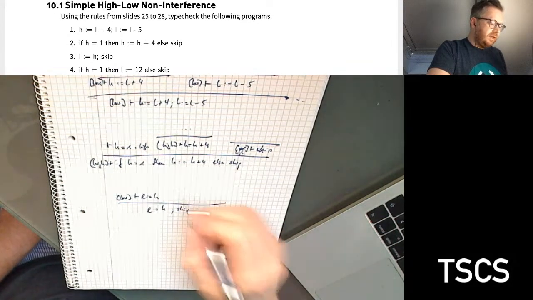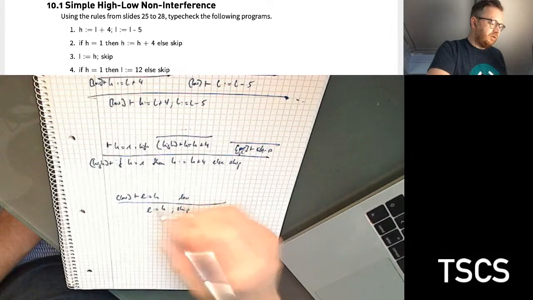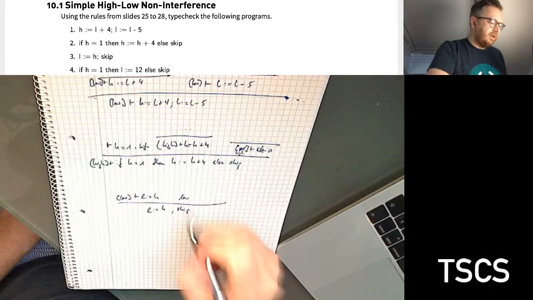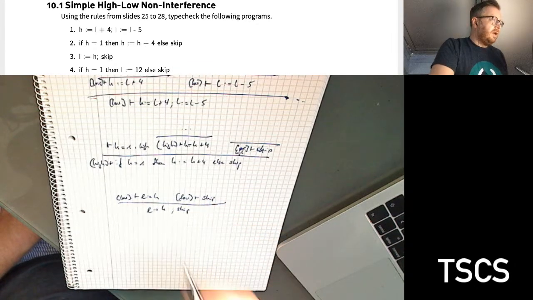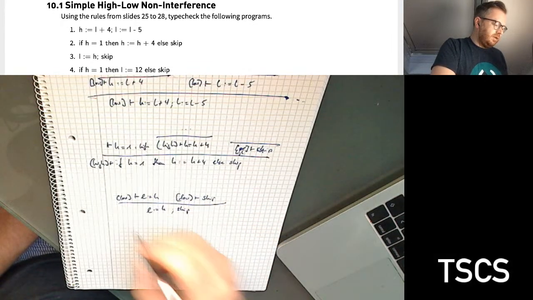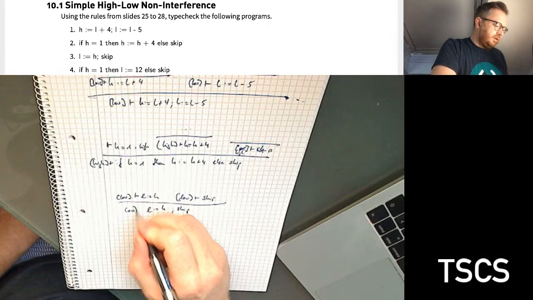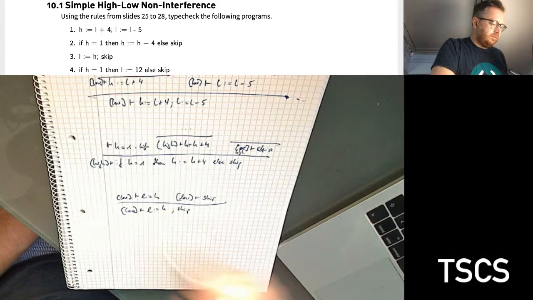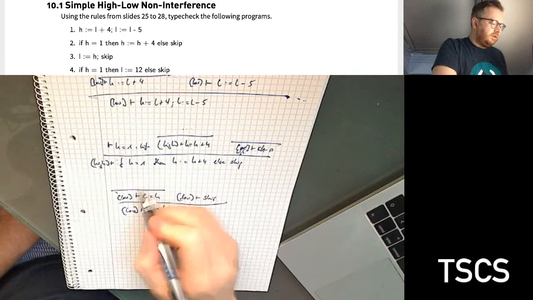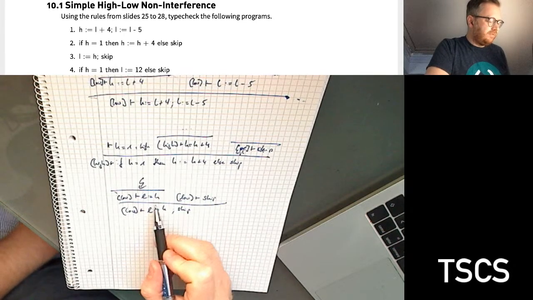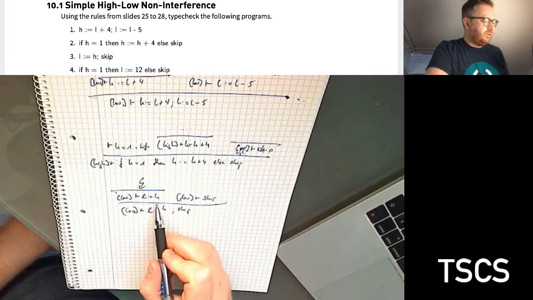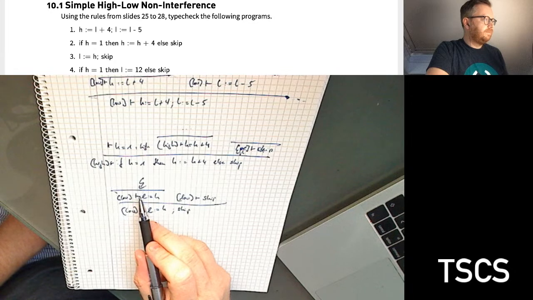And then you have skip, which is in the same context as the left one. And of course, this would push things down here also. However, you cannot show this, because you cannot ever assign something to low, which is in the high context. So this won't work.